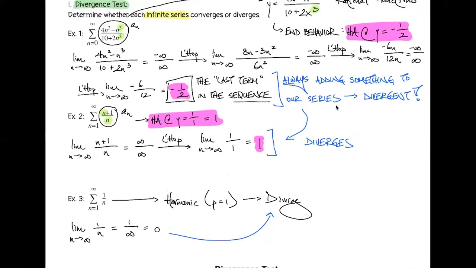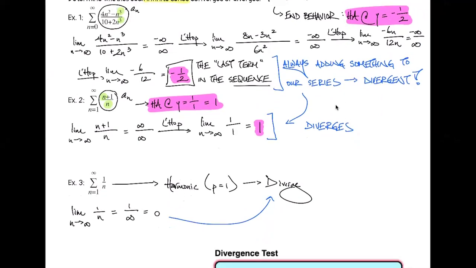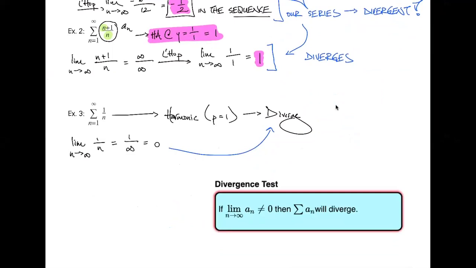So let's see what this divergence test does tell us, but also let's take a look at what it does not tell us, okay? So the divergence test says this: if the limit as n approaches infinity of a sub n is not equal to 0, then the series will diverge.